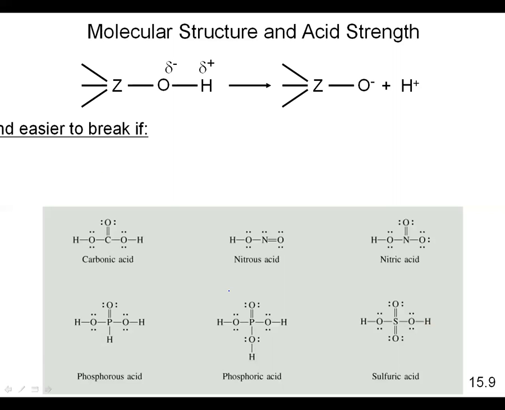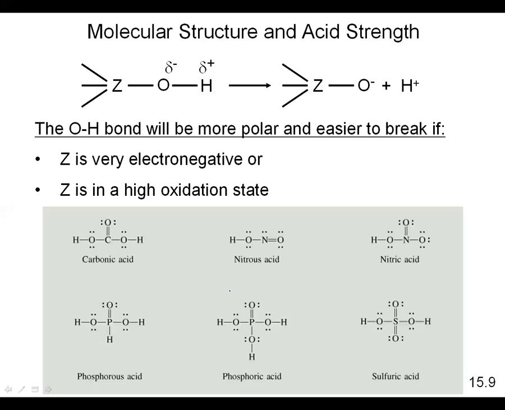Now, when we look at acids that contain oxygen, there are two different things that we will look at, depending on the situation and the acids we're comparing. We may look at the electronegativity of the center atom.